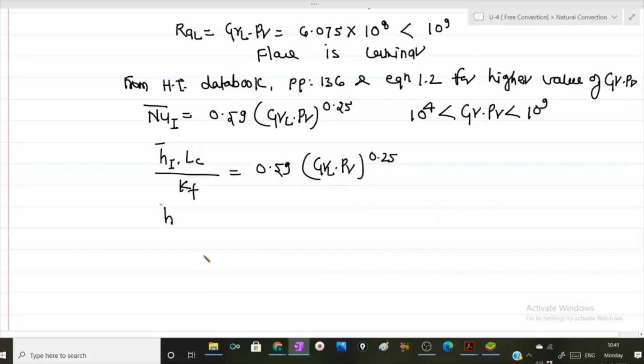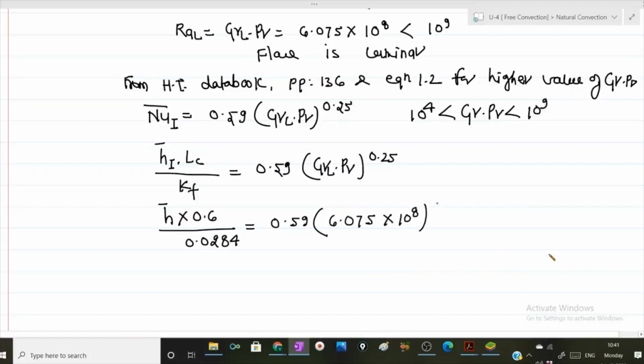After putting the values of all the parameters, Lc is 0.6 meter, the value of thermal conductivity is 0.0284, 0.59, the value of GrPr is 6.075 into 10 to power 8, power 0.25.